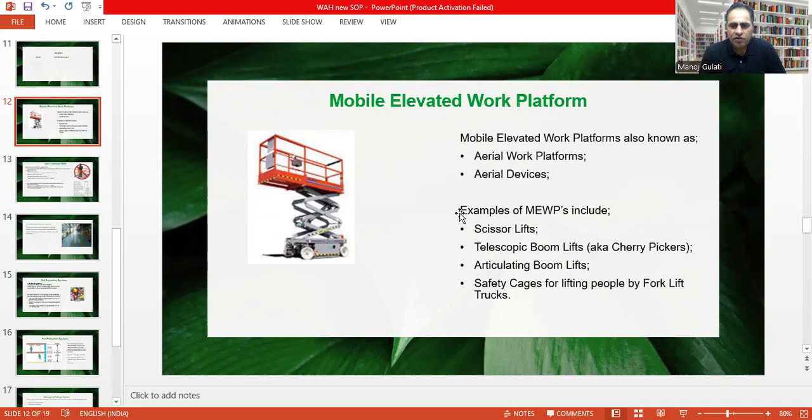Examples of MEWP include scissor lift, telescopic boom lift. We also call them cherry pickers, articulated boom lift. As I mentioned, these have safety cages for lifting people, like forklift trucks.